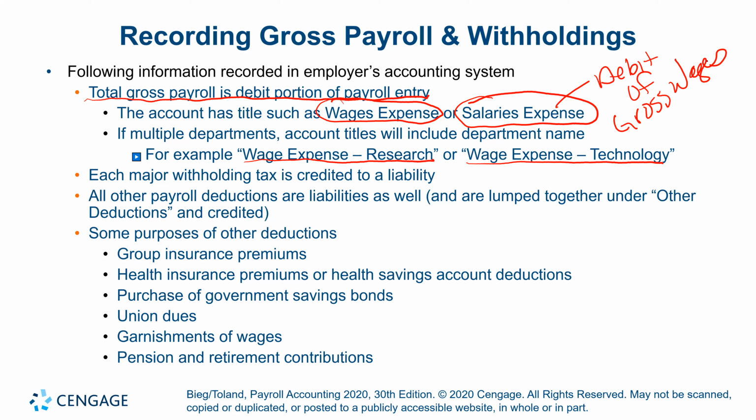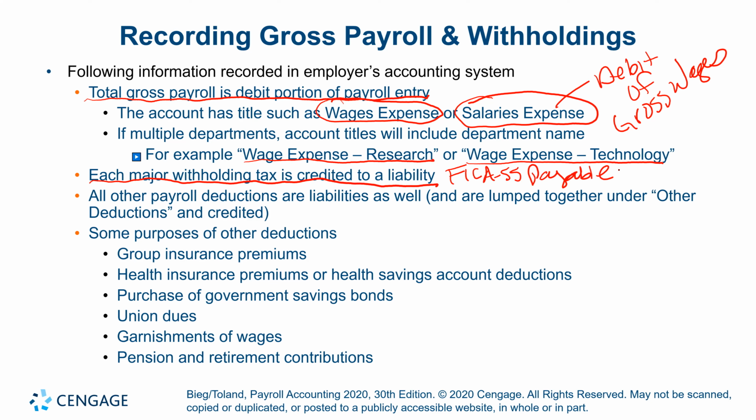before we subtract our numbers basically. And then just like it shows here, each major withholding tax is credited to a liability. So for example, FICA, Social Security payable type deal, or federal income tax payable or state income tax payable, whatever the tax is.